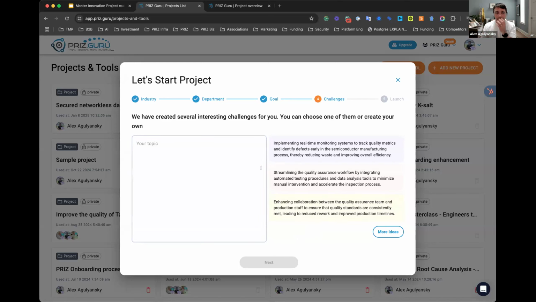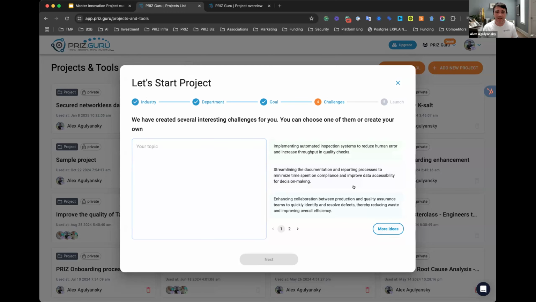Okay. So again, here the platform forces us to define a high-level challenge, right? Why are we even here? What is it we're doing in this project? There are a few options. We can write it ourselves, or we can select from a couple of things that the machine proposes.